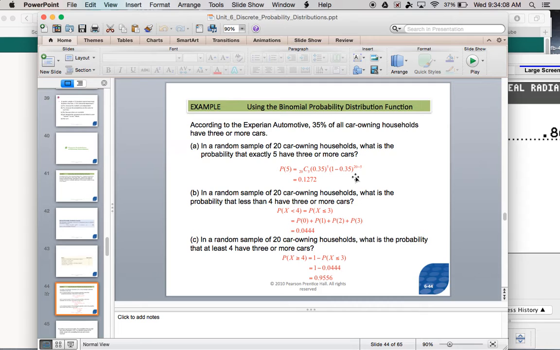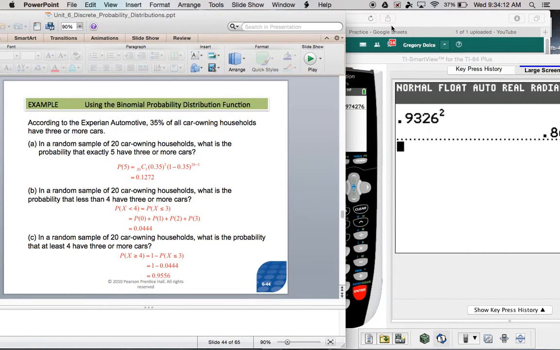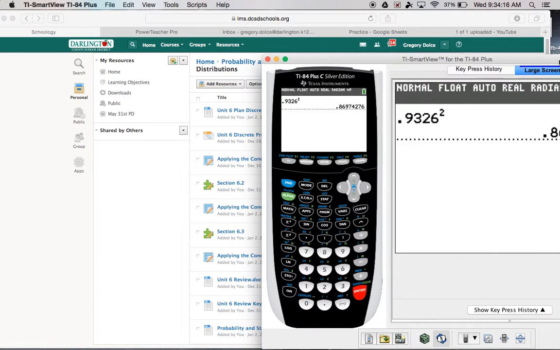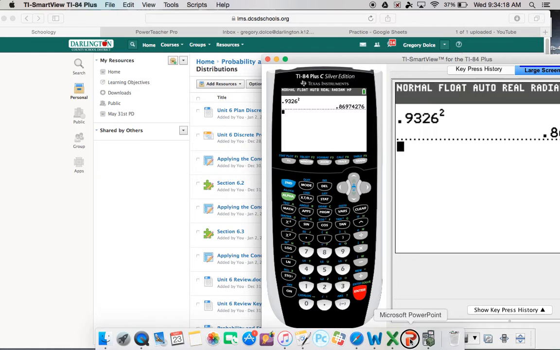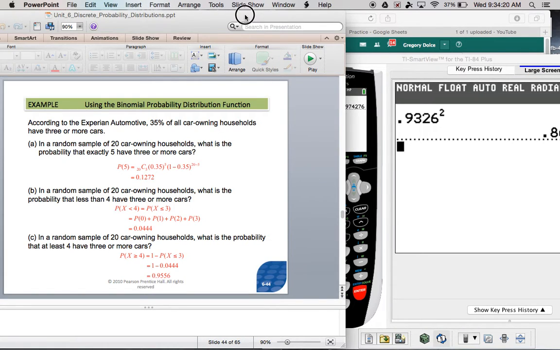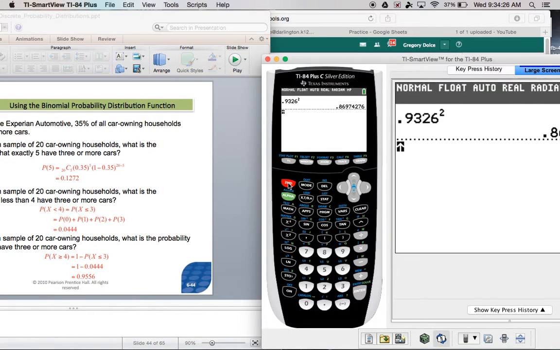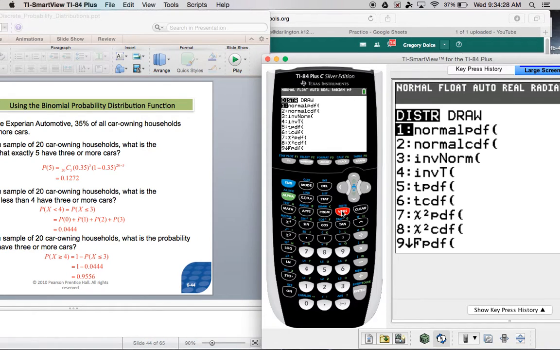But once again, we can do this via the calculator. So if I put this right in here, just to kind of move it along, let me bring this up, move this aside. Okay, so we're going to do second, very important here, second vars. Second vars. All right, we're going to scroll down.